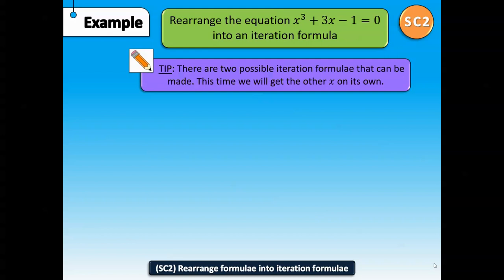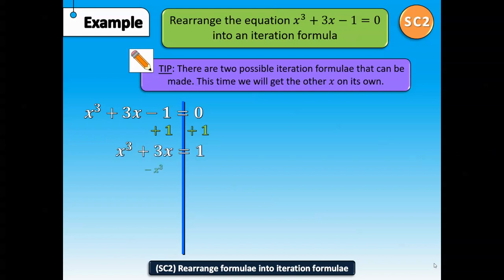There are 2 possible iteration formulas that can be made, and this time we will get the other x on its own. So again, on this one, I'm going to add 1 to both sides. Then I'm going to take away x cubed from both sides.